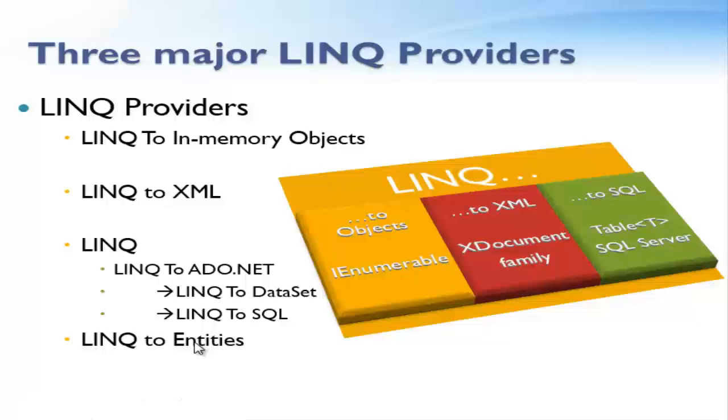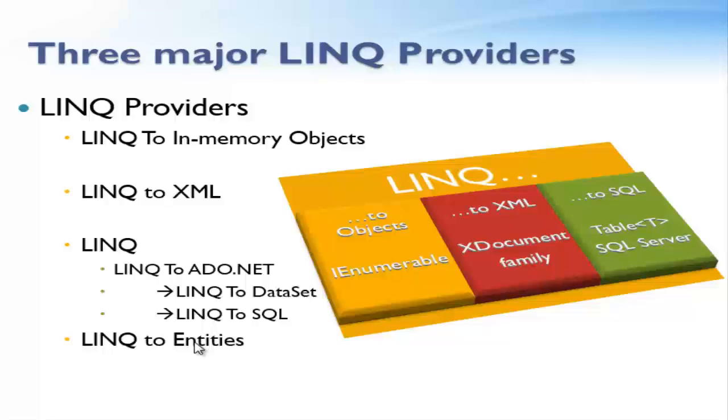You are familiar with the word entities from the last semester. Entities are nothing but objects which know how to process their data into a particular data source. Suppose you have entities and you want to query those entities, how are you going to go about it?